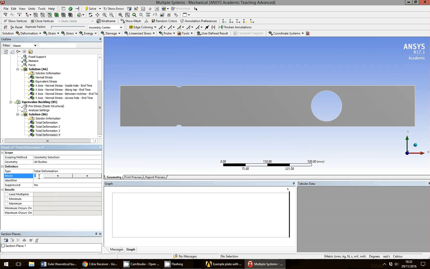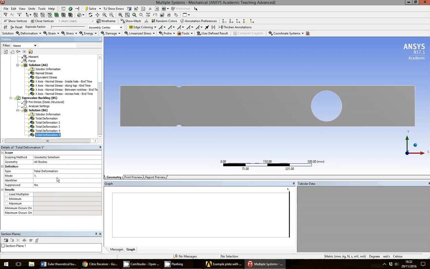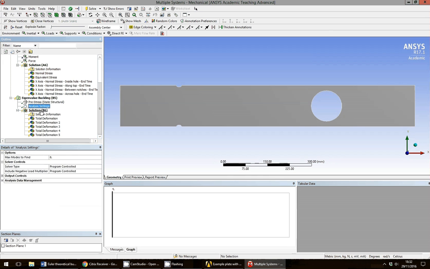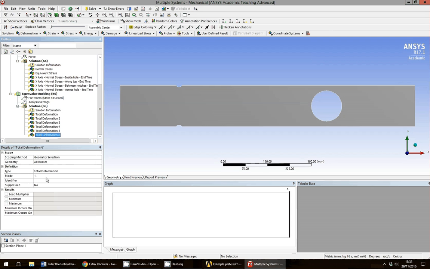Mode 4. Up here, insert deformation total mode 5. And just check the analysis, 6 modes. Okay, so insert deformation total for mode 6.